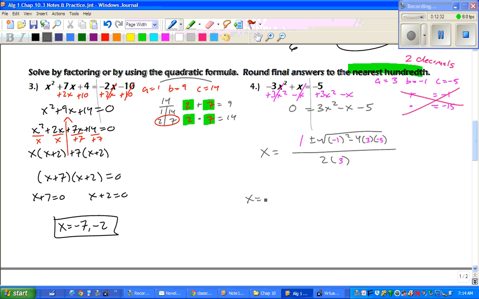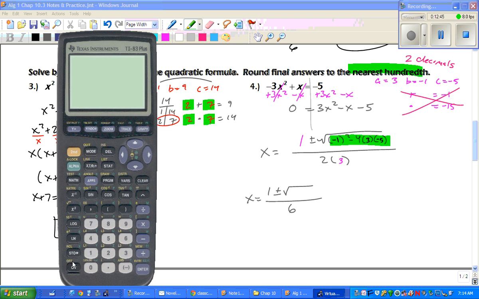Alright, so let's simplify this a little bit. I can do the bottom right away because 2 times 3 is 6. That's easy. Now, let's focus on this. And you need to put this into your calculator exactly as you see it, because if you just are lazy and go negative 1 squared minus 4 times 3 times negative 5, you get 59.